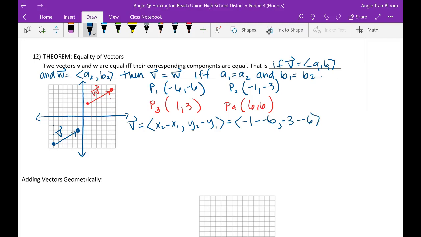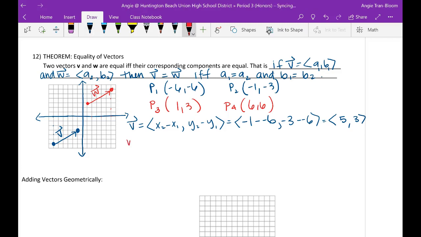Two negatives make a positive, so that's really -1 plus 6, which is 5, and -3 plus 6, that's going to be 3. So those are the components of vector v.